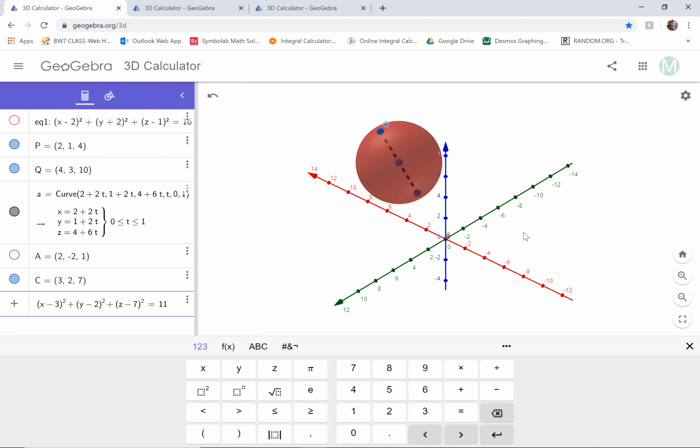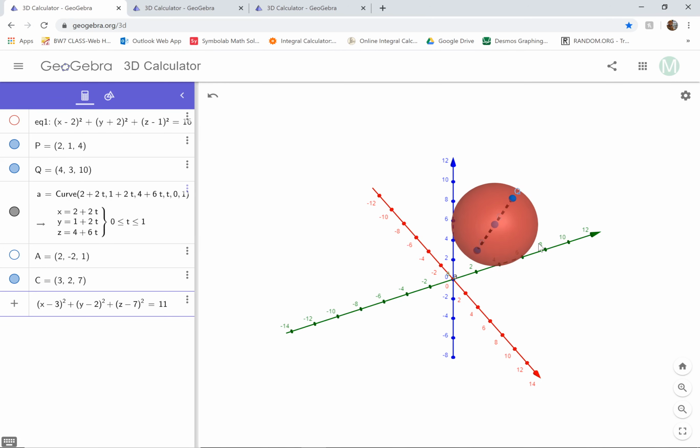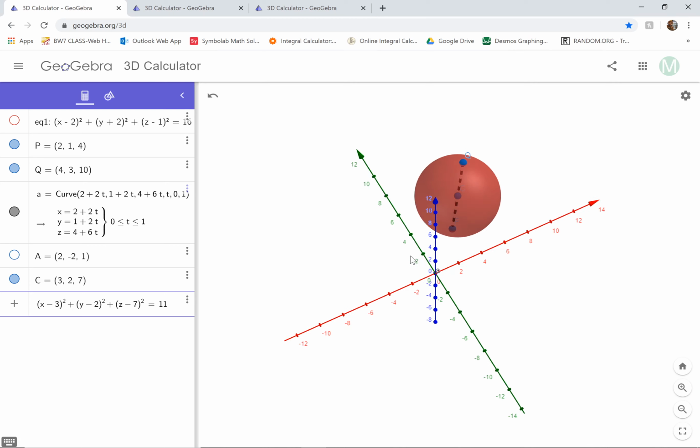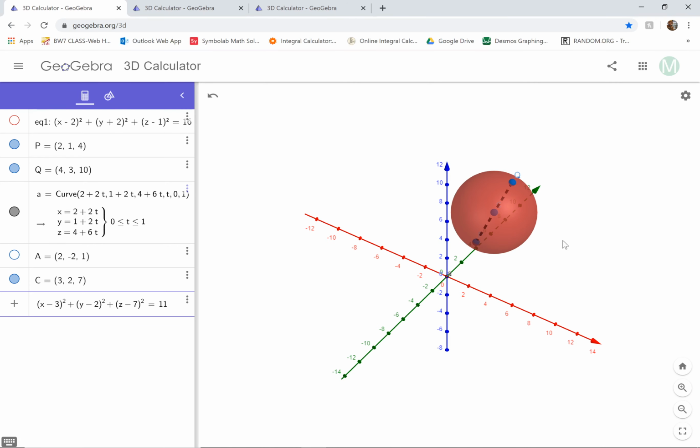There we go. All right. Found exactly what we were looking for.